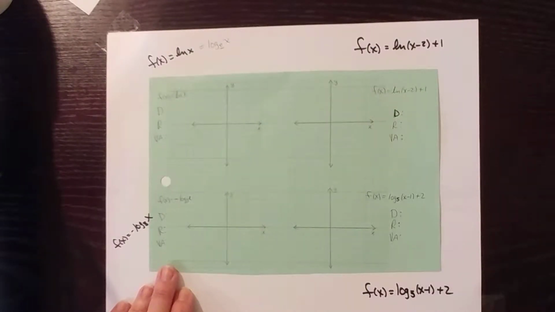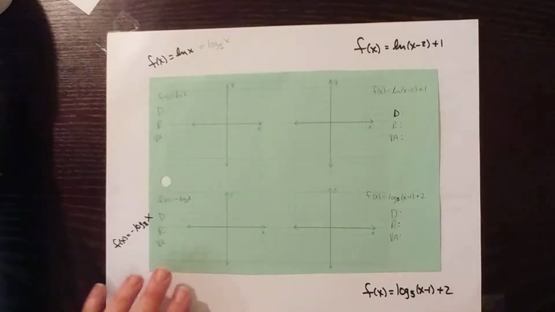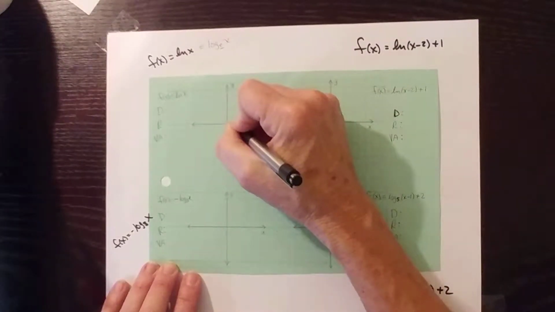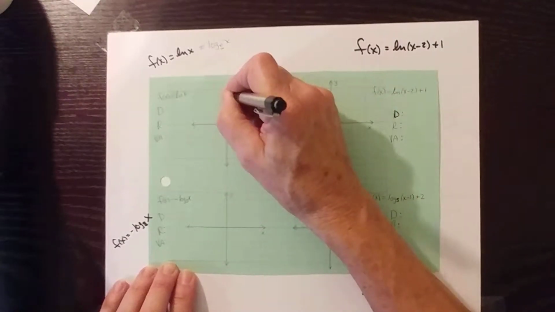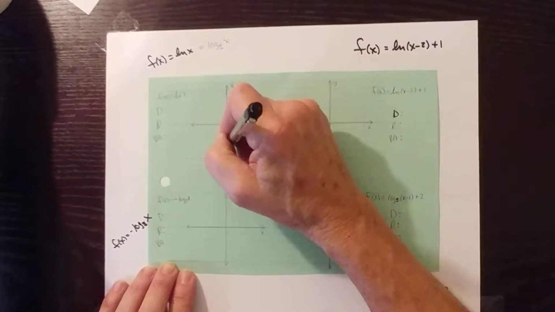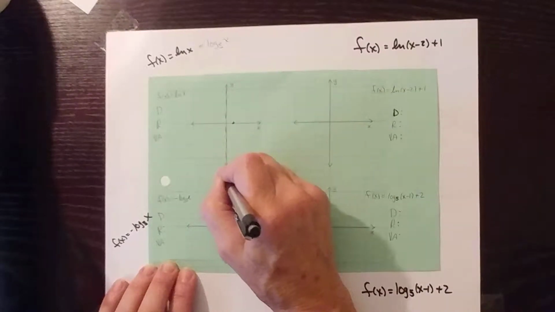So the natural log of x will look like every log graph without any transformations going on where the base is bigger than 1. What we see with these graphs is an x-intercept right here at (1, 0) and a vertical asymptote at x equals 0.